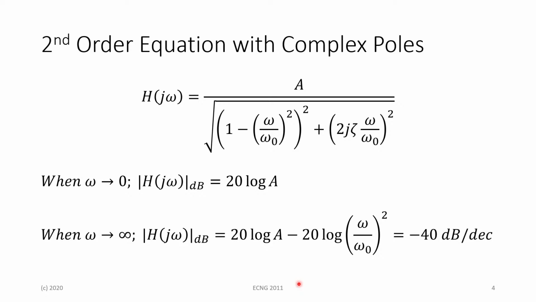We basically saw that once we have powers of s, that would be minus 20 multiplied by n, where n represents the power of s. And because this is a square term here, that's going to be minus 20 multiplied by 2, so that gives us a result of minus 40 decibels per decade.